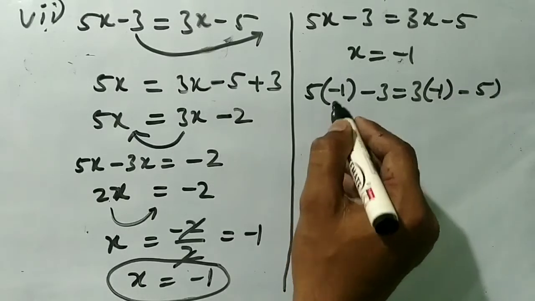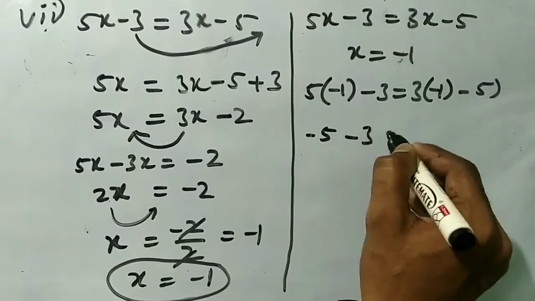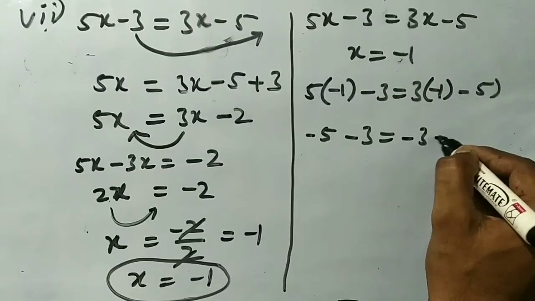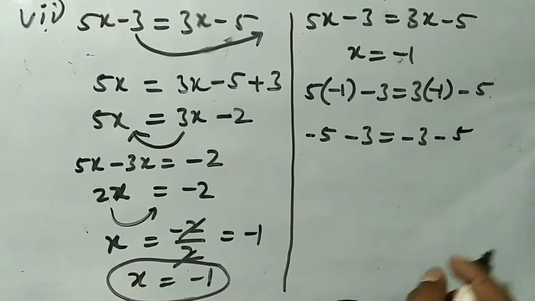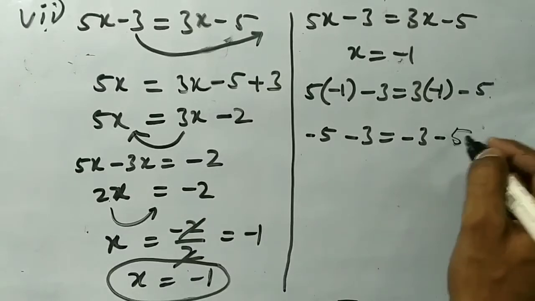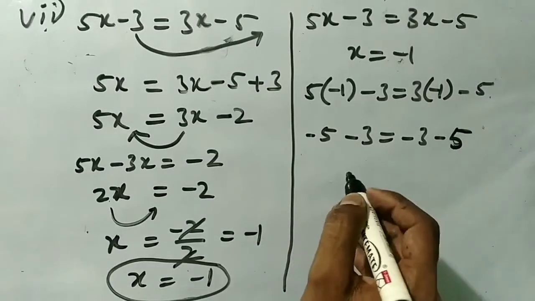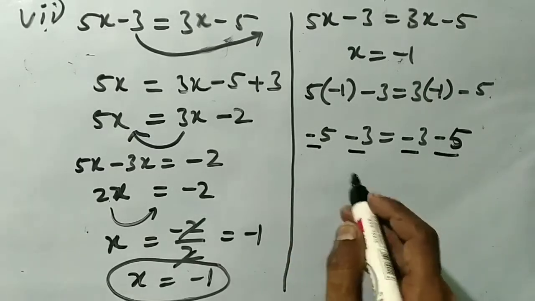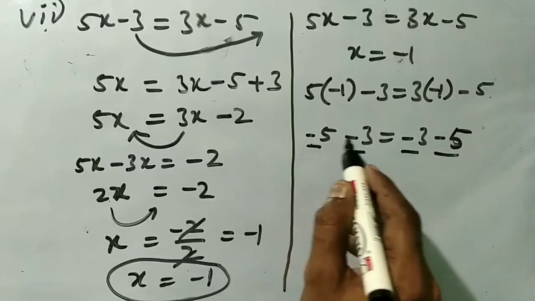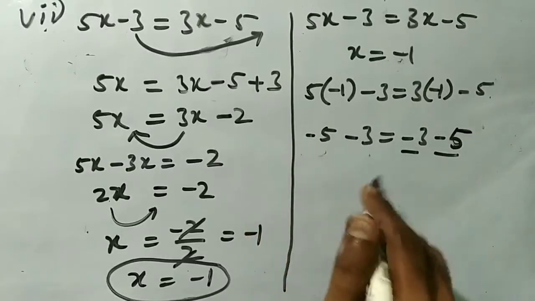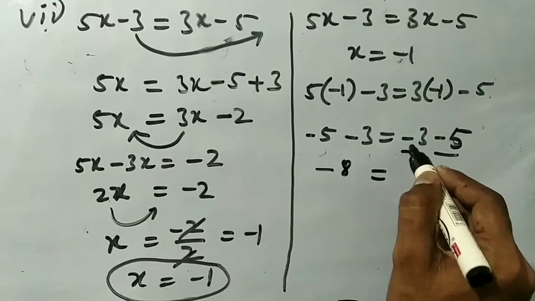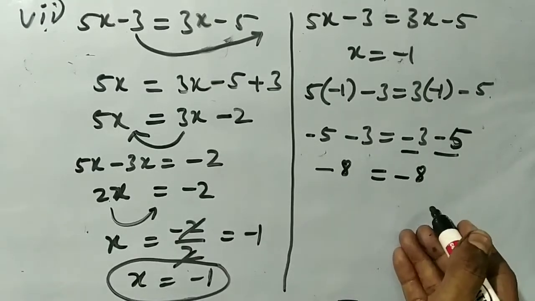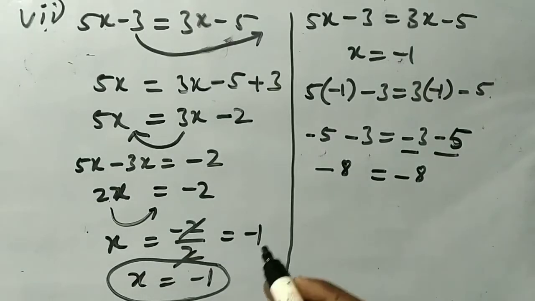Minus 5 minus 3 becomes minus 8, and minus 3 minus 5 becomes minus 8. So LHS is equal to RHS. Hence x is equal to minus 1 is the correct answer.